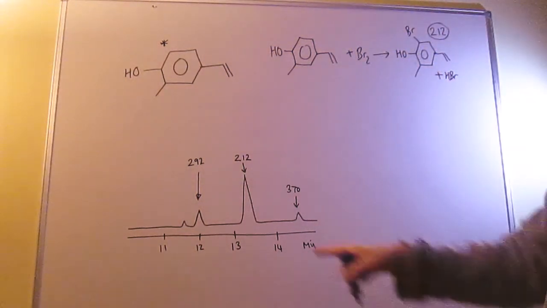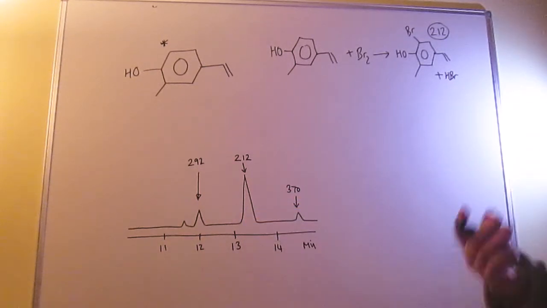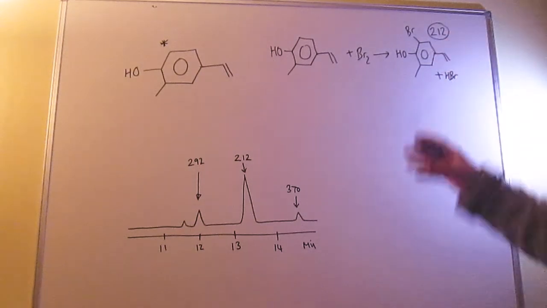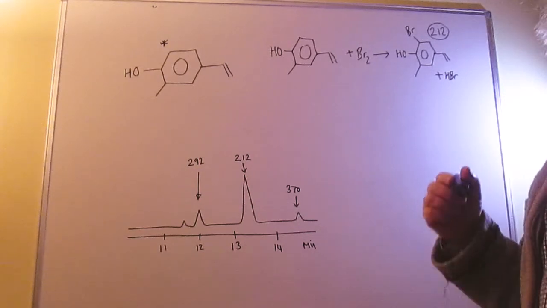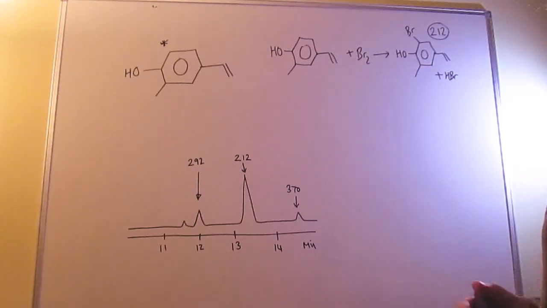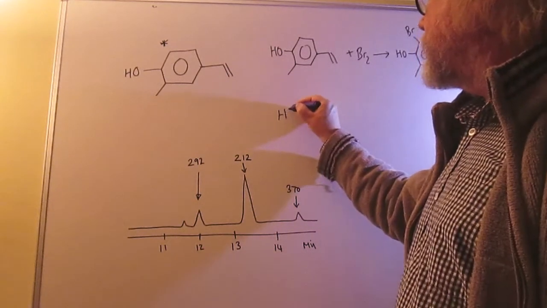So that's consistent with this peak in the gas chromatograph, where the phenol group has reacted, produced a compound with MR of 212, and therefore the molecular ion peak in the mass spec has an M over Z of 212. The other possible reaction is the addition reaction.